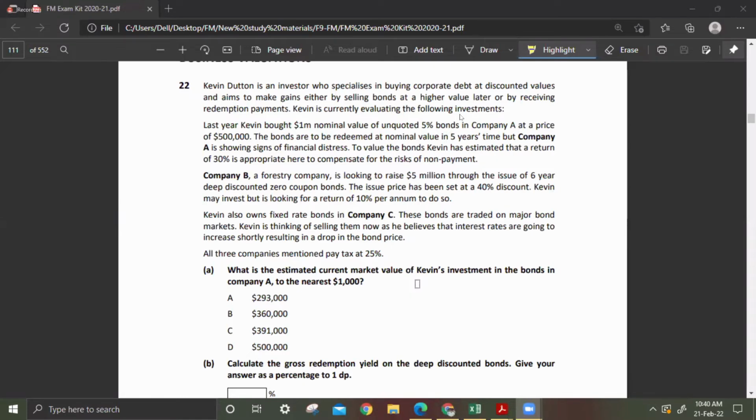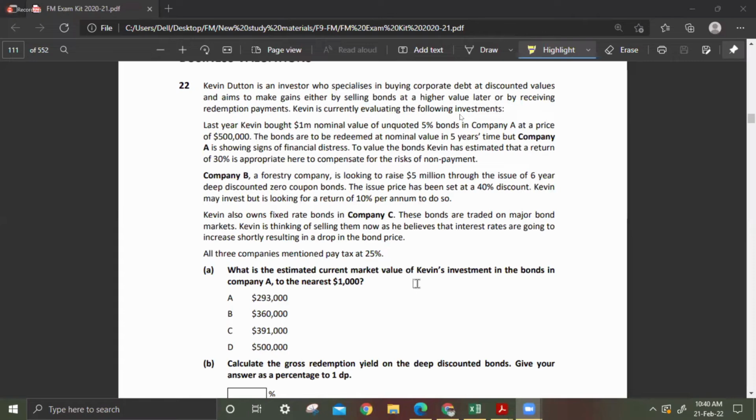Okay, so this is where they're asking you to calculate the market value of Kevin's investment in bonds. So everyone knows that assumption in FM, right? That market value of an investment is equal to present value of its future cash flows discounted at investors' required rate of return. Is this statement new to you all or have you heard about it before?